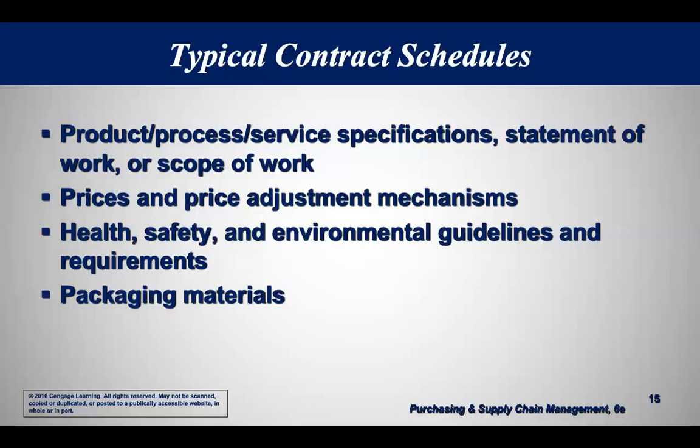And then any other guidelines, health and safety, environmental requirements, all that stuff is usually put at the back of the contract. In these days of internet-based contracts, quite often they just give a website, and it'll say the information contained at this location forms a part of this contract.